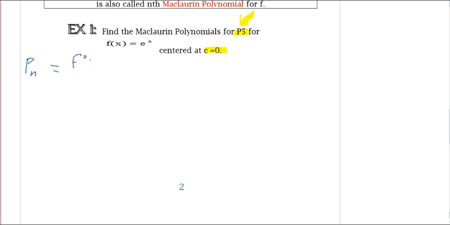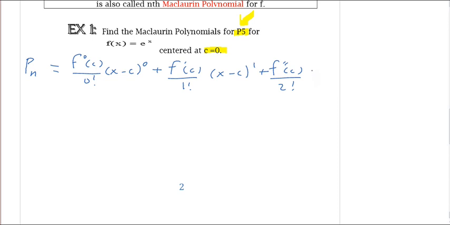f of c over 0 factorial times x minus c to the 0 power, plus the first derivative of c over 1 factorial times x minus c to the first, plus f double prime of c over 2 factorial times x minus c to the second.